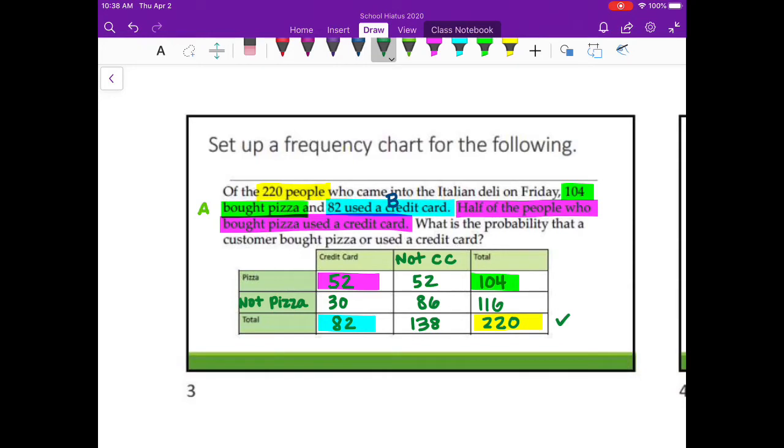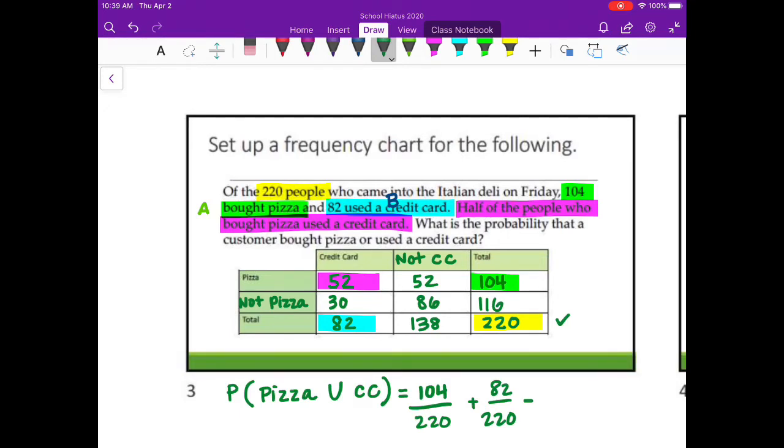And so we're asked to find the probability that a customer bought pizza or used a credit card. So the probability of ordering pizza is 104 out of 220. And the probability of using a credit card is 82 out of 220. And this is an overlapping event, so we'll need to subtract the overlap.